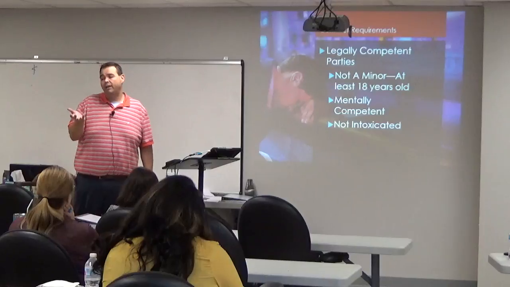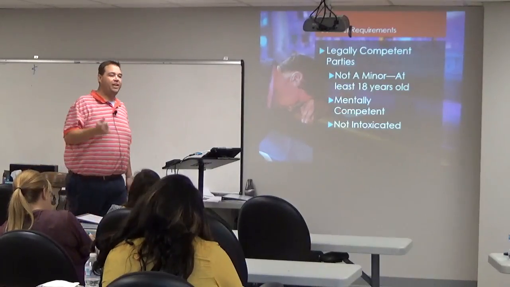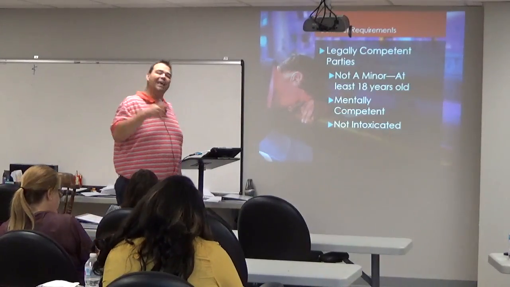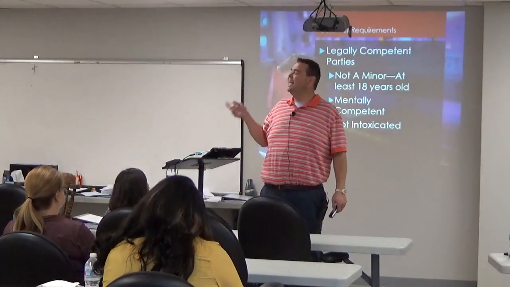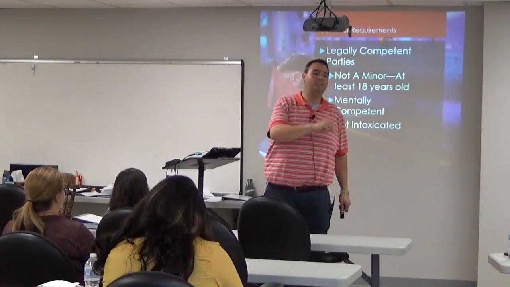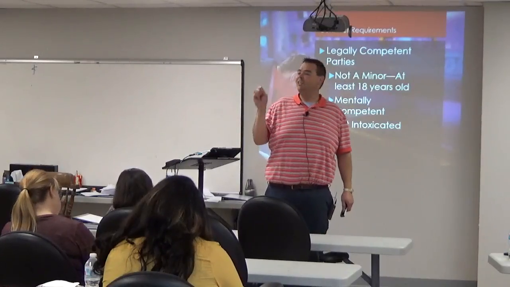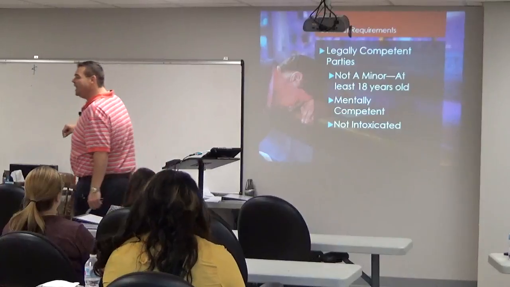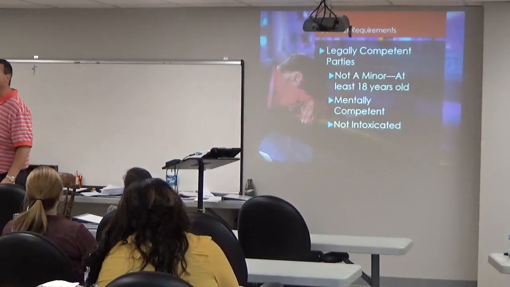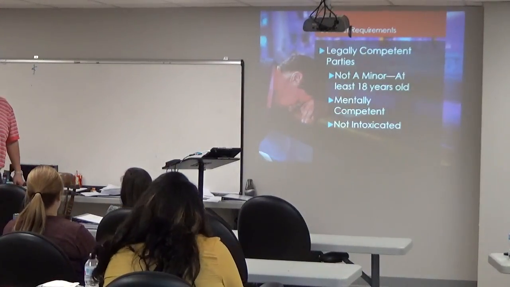So here's what we mean by that. Anybody under the age of 18, can they make a promise? Of course they can. Can they be held responsible for that promise? No, and there's the difference. So can a person who's under the age of 18 purchase a house? Yes, of course they can.